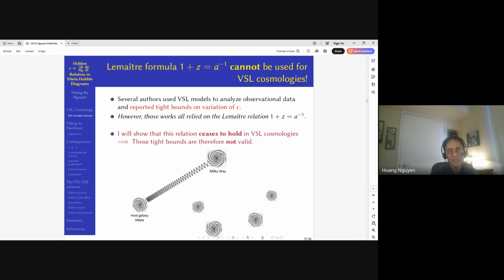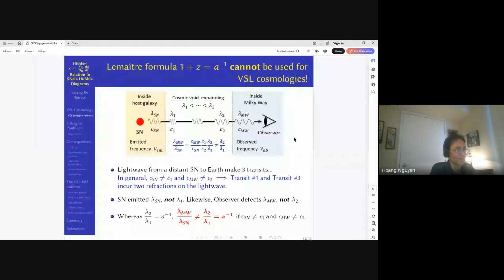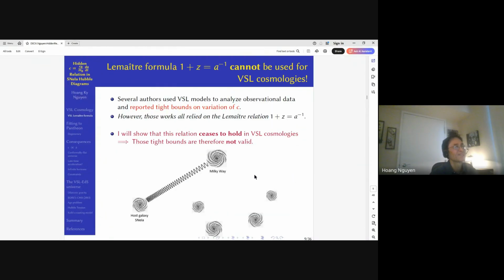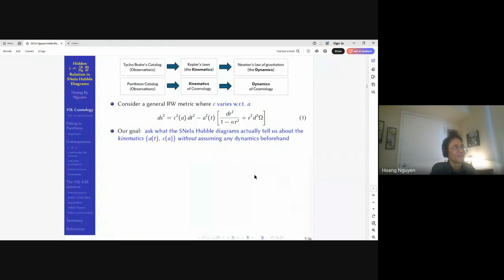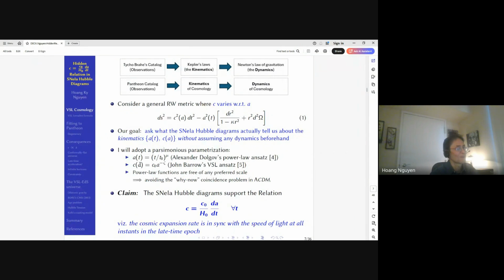It doesn't really change. This one all is the speed of light in the cosmic void. It varies with that. But the speed of light inside galaxies does not change that much.